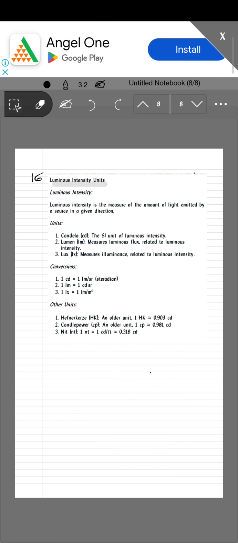The intensity of light can be represented by the units candela, lumen, or lux. These are the 3 units: candela, lumen, and lux. Luminous intensity is the measure of the amount of light emitted from a source in a given direction.